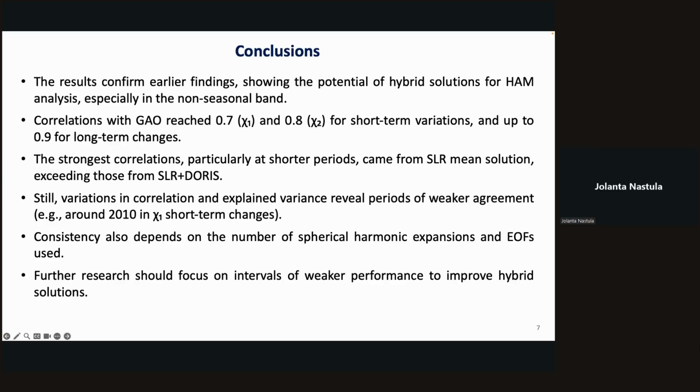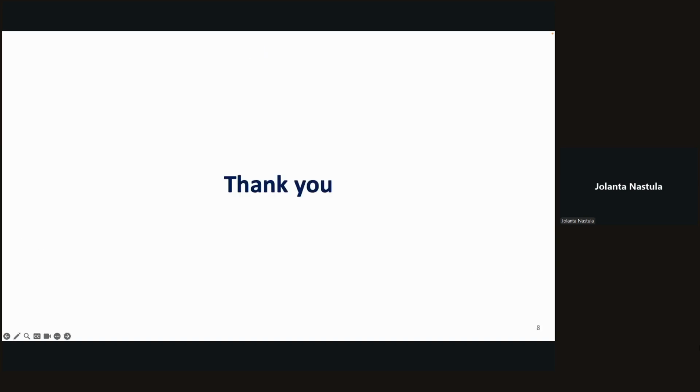Best results are obtained for mean models based only on SLR hybrid solutions, better than for SLR plus DORIS solutions. Results depend on the number of harmonics and empirical orthogonal functions, and future work should focus on periods of weaker agreement. So thank you for your attention.